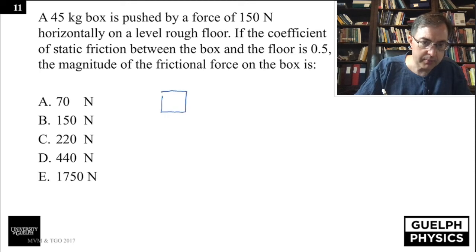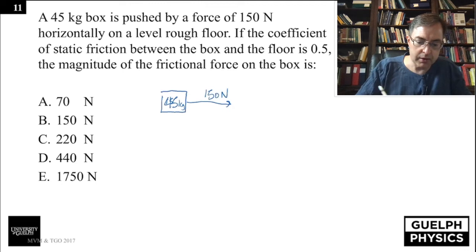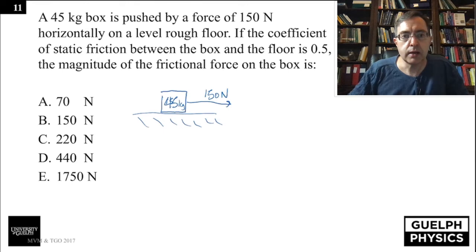You have a 45 kilogram box being pushed by a 150 newton force on a level rough floor, which looks like that. If the coefficient of static friction between the box and the floor is 0.5, the magnitude of the frictional force on the box is, and it gives you several choices. So you can try and work this out before I actually do this problem.